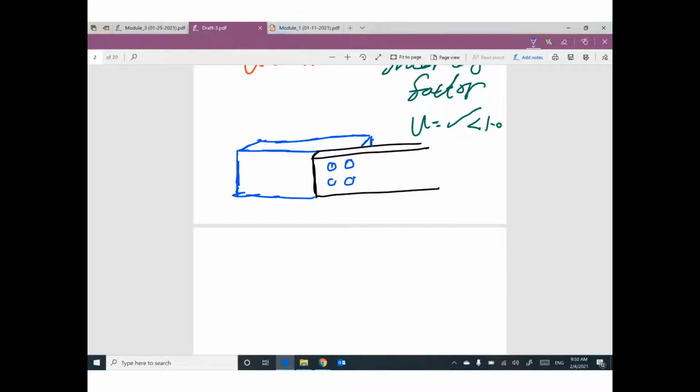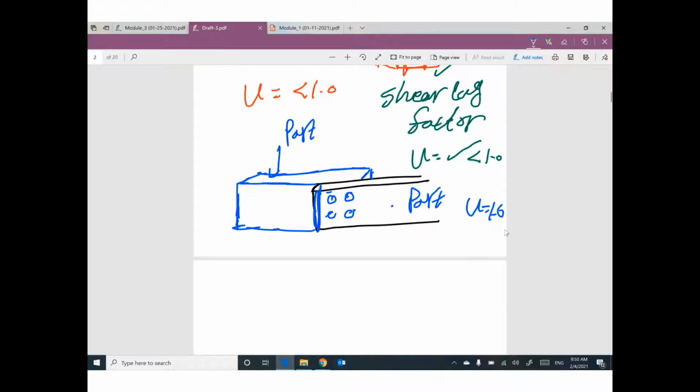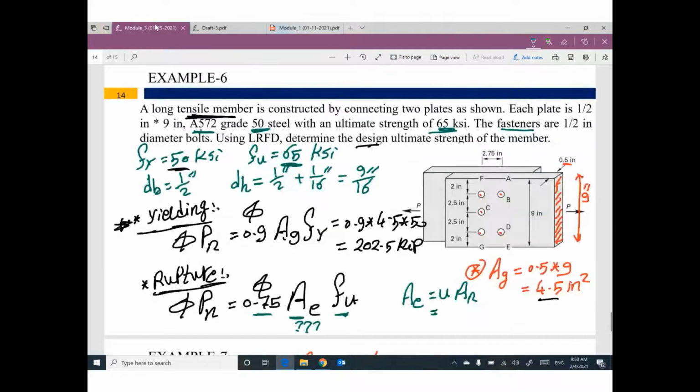Do you think a part of this member is free, is not connected? We have only one part, this part, which is connected. That means U equals 1. We don't have an issue with the shear lag. So U will be 1 times area net. That means you can figure out the value of area effective.